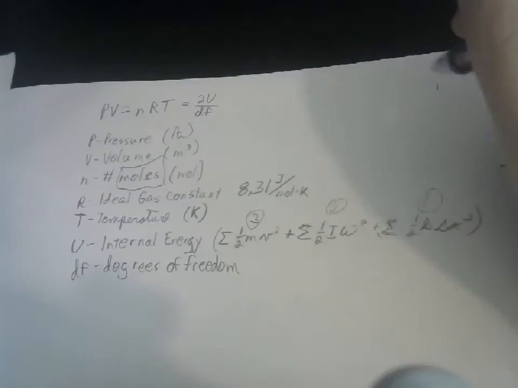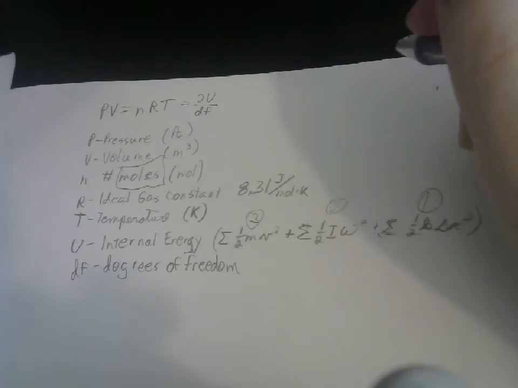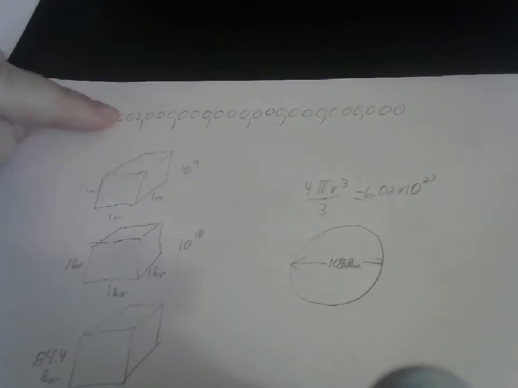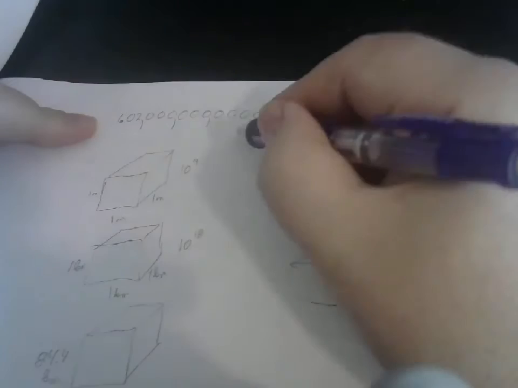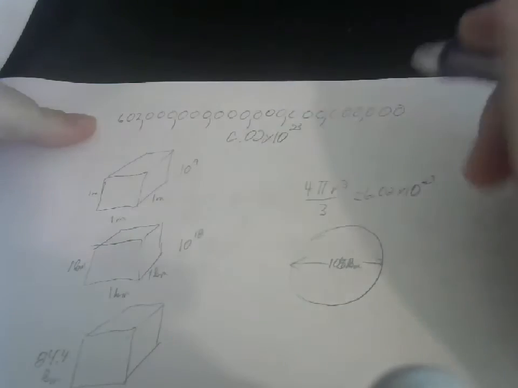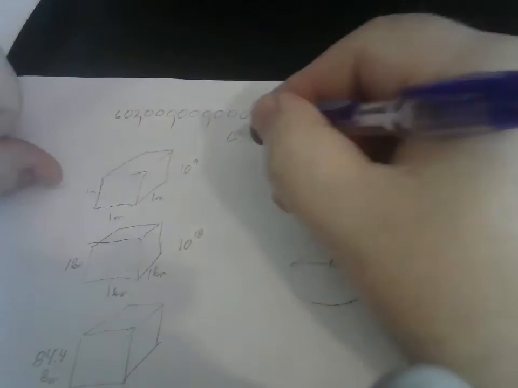One thing I have not explained yet is what a mole is. A mole is a number of particles. The number of particles is 6.02 times 10 to the 23rd particles in a mole.